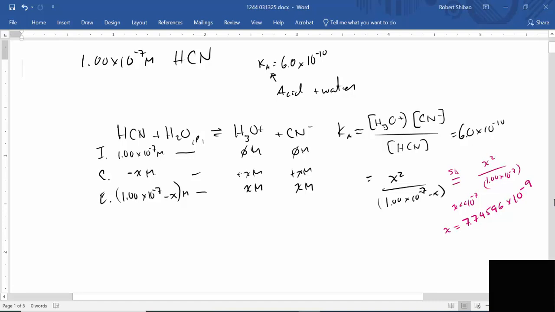All right, now we have to justify our simplifying assumption by calculating the percent change. The percent change is going to be the change. In this case, the change is just x. It's not 2x or whatever. It's just x over the initial. I have this in my calculator. I'm just going to divide by 1 times 10 to the negative 7, times 100.